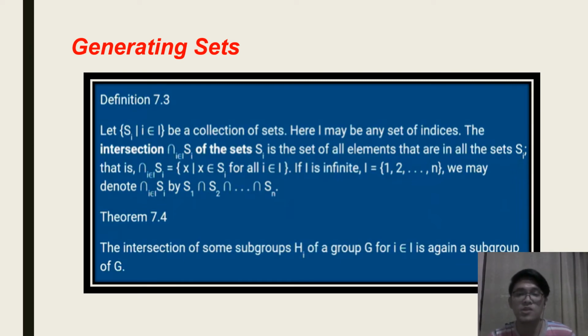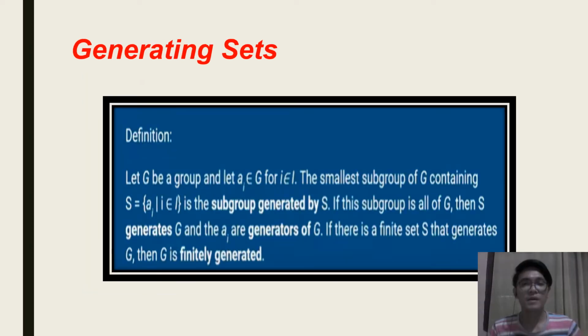With this definition, we can formulate a theorem: the intersection of some subgroups H_i of a group G, for i an element of capital I, is again a subgroup of G.